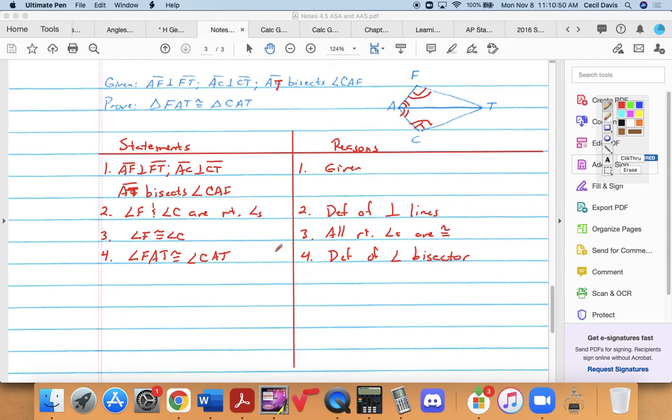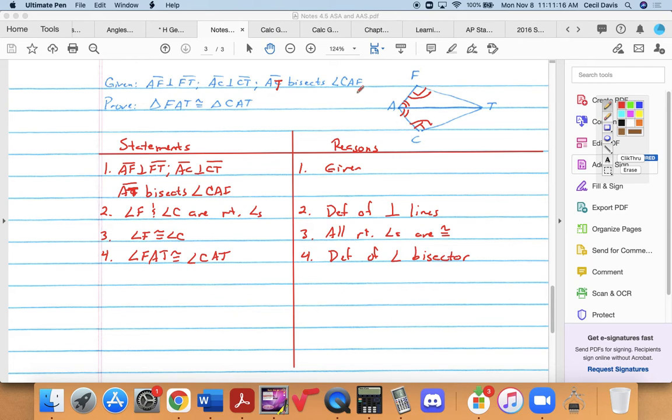Could you not say that AF is congruent to AC? How would you know that? Because an angle bisector takes an angle and cuts it into two congruent angles. It doesn't make congruent segments.